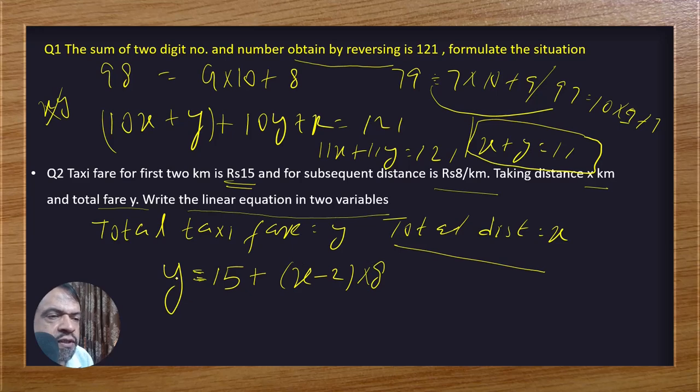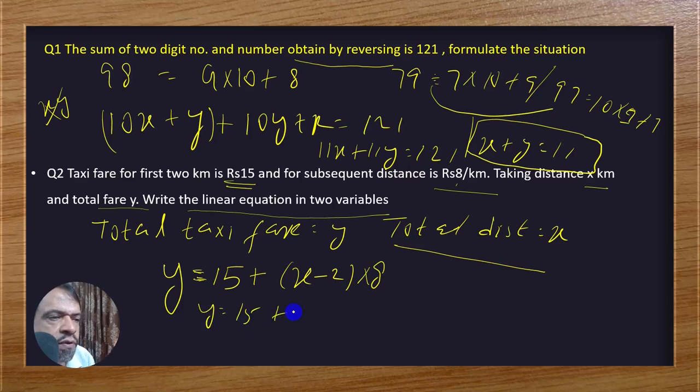Try to understand: total fare 15 for the first 2 km. Now the remaining distance means x minus 2 will be multiplied by 8, according to this deal, rupees 8 per kilometer. The remaining distance is x minus 2 because for the first 2 km we paid.